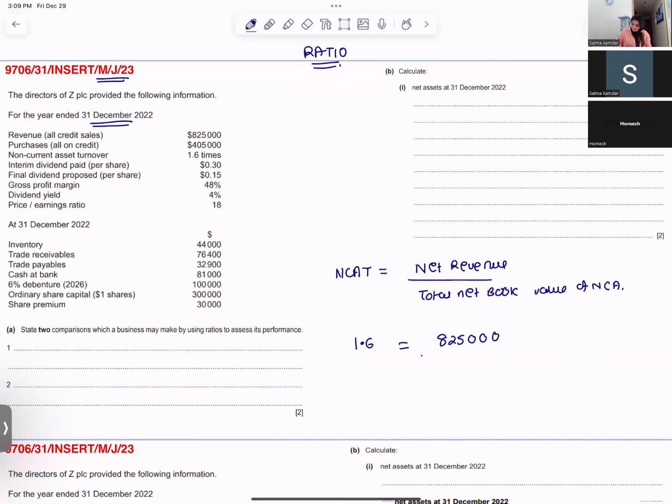So what will you get over here? Net book value of non-current assets. If I cross multiply, net book value of non-current assets will become how much? 825 into 1.6 times, divided by 1.6. So how much will this become?